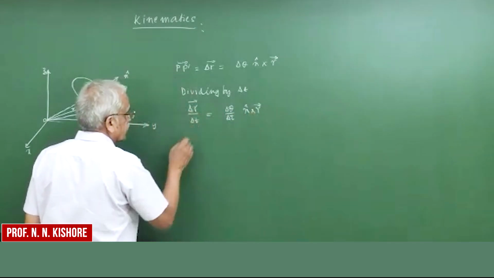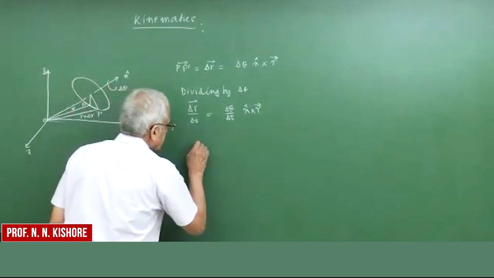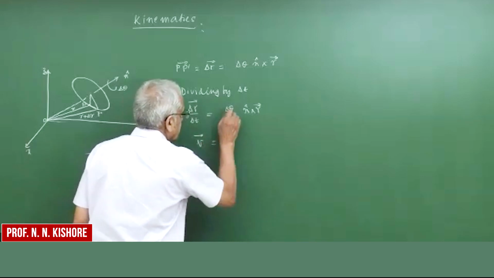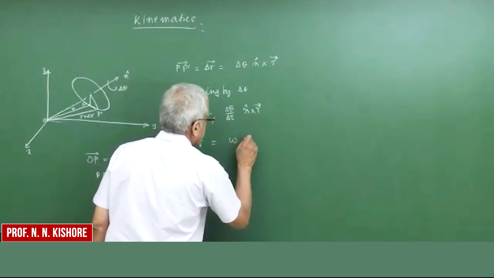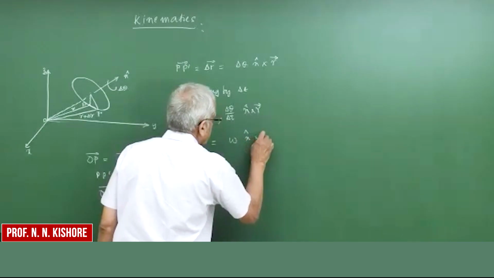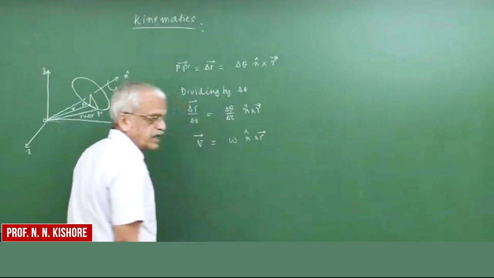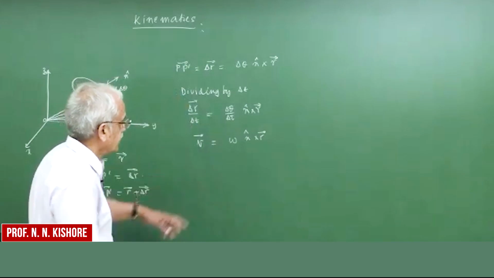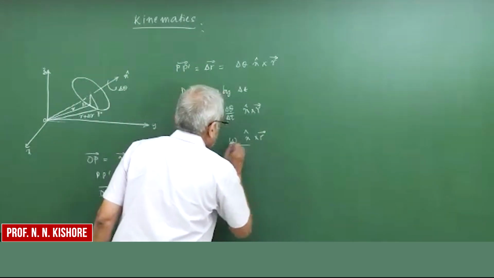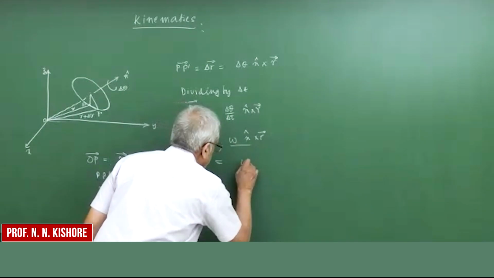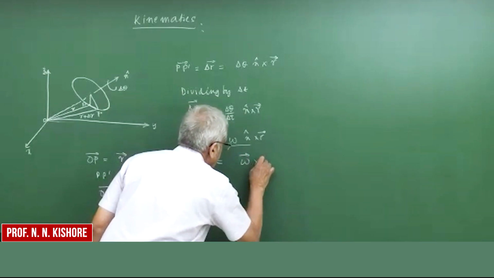So this delta r by delta t will become the velocity, and this becomes the angular velocity cross r. Another simplification we have here is that this omega n, we represent by a vector omega.